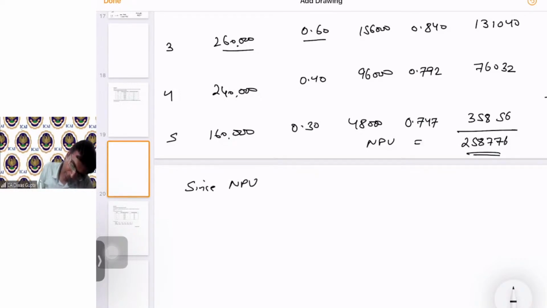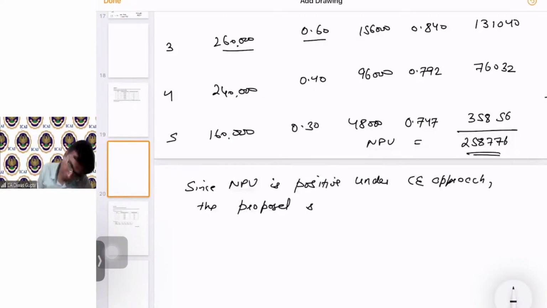Since NPV is positive under the CE approach, the proposal should be accepted.